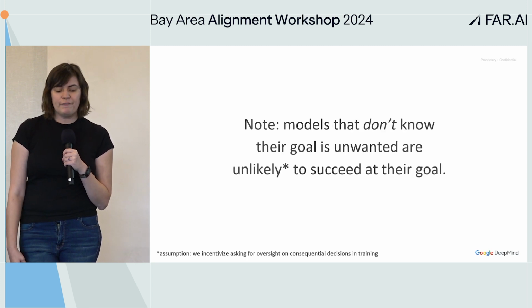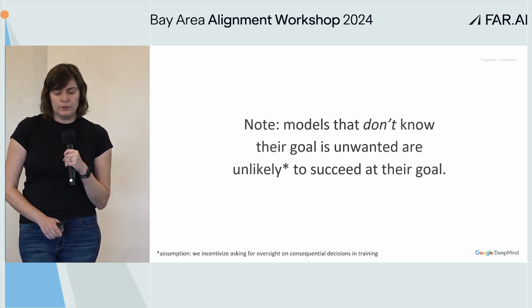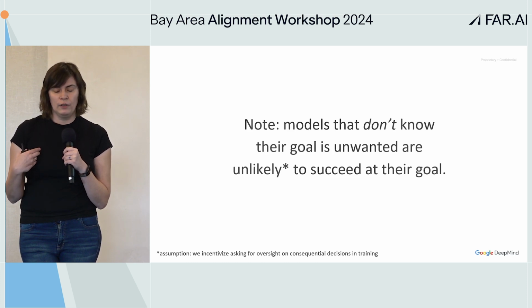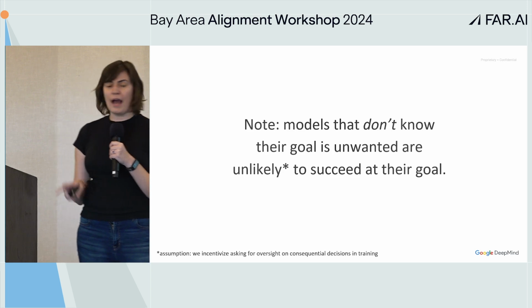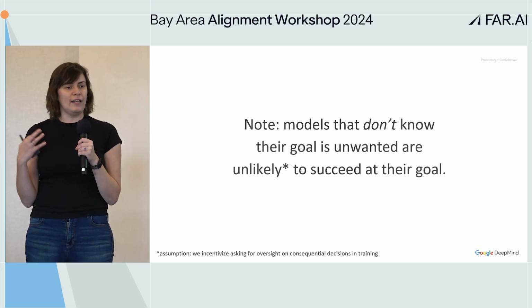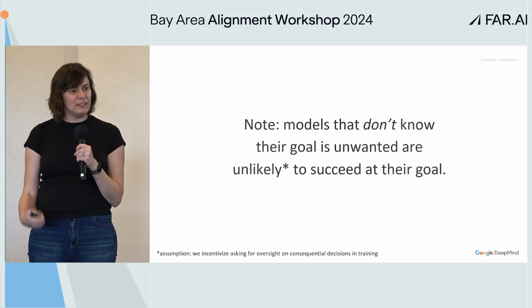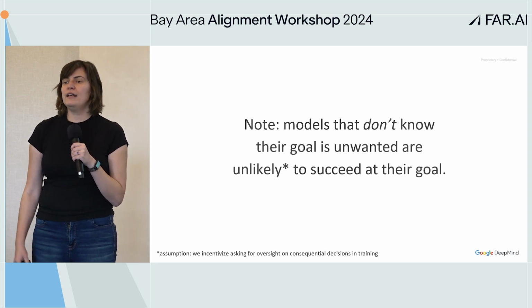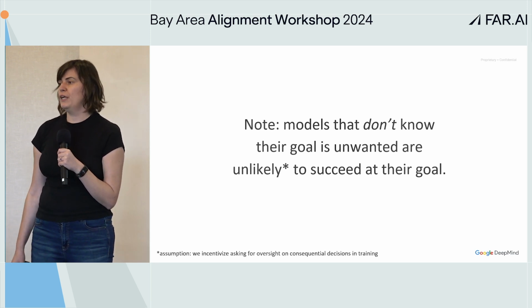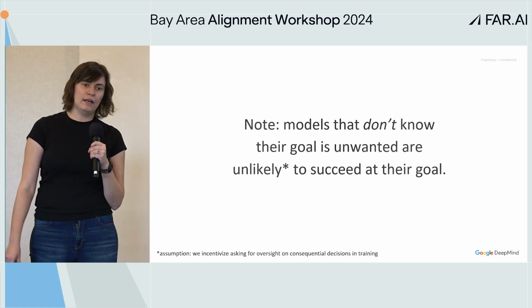And in fact, the counter is also true: if a model does not know that it's misaligned, if it actually thought that's what people want, that they just want a lot of CLs to go out there, it's hard for it to succeed at its goal because it won't engage in trying to hide its actions.